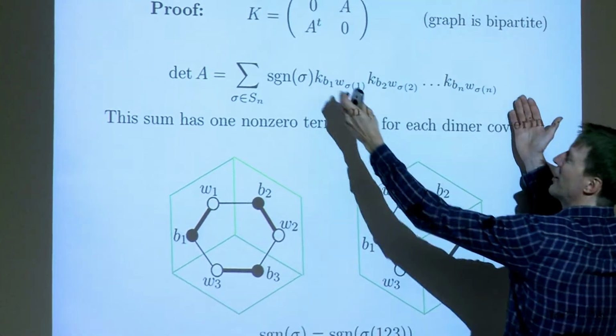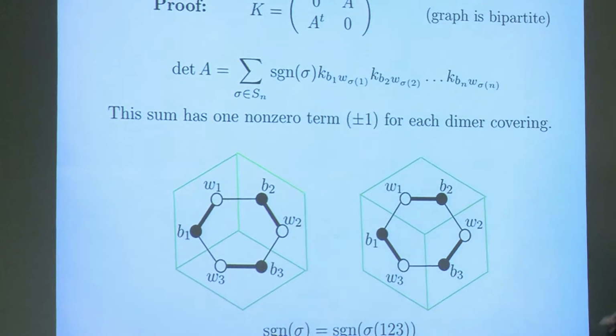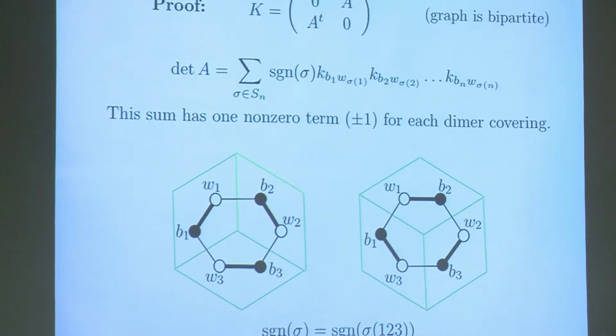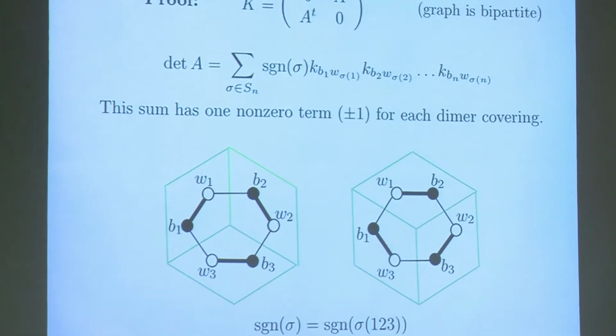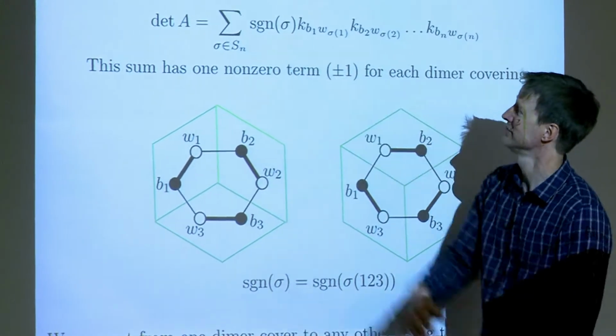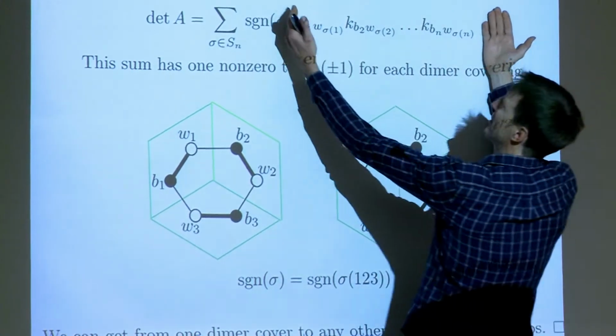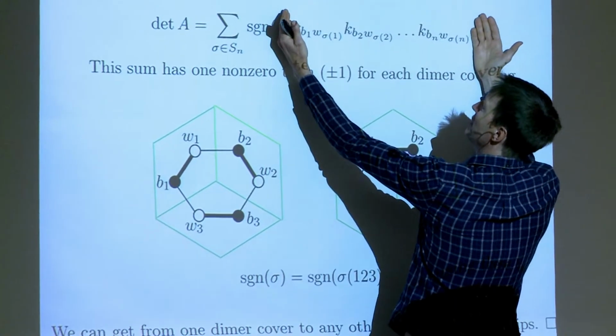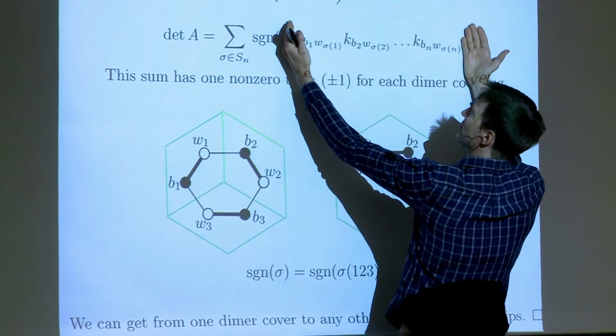So the non-zero terms in this expansion correspond exactly to ways to pair up the black vertices with neighboring white vertices. Those are perfect matchings. The only thing you have to worry about is the sign, because this part is correct. It's 1 if and only if you have a perfect matching. Otherwise, it's 0.